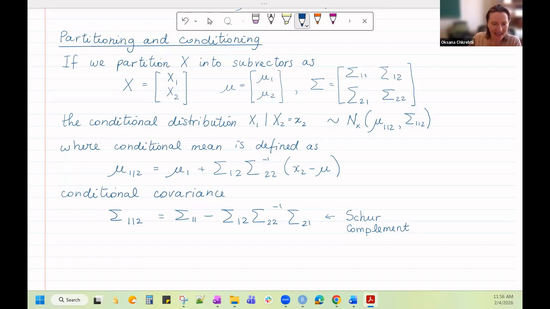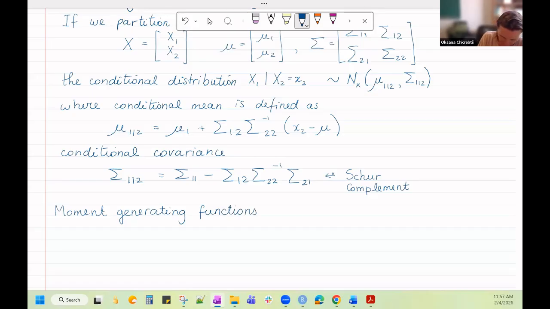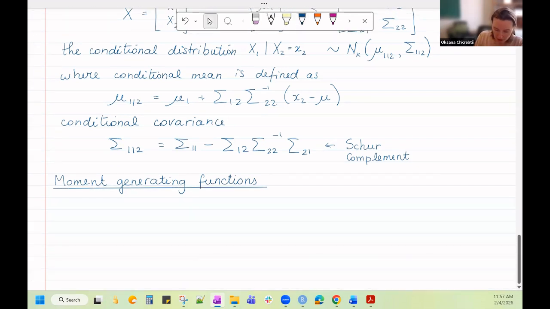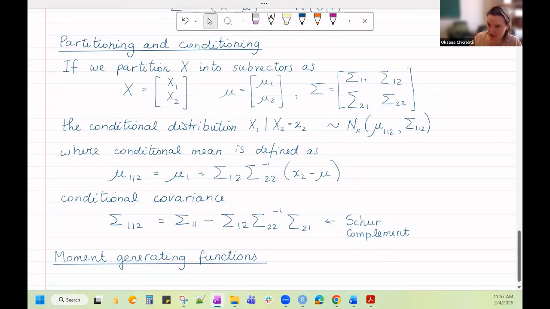So, all right. Let's talk about moment generating functions. The reason why we're going to introduce this notion of a moment generating function is because we want to prove some results such as the one that you just saw on partitioning and conditioning.